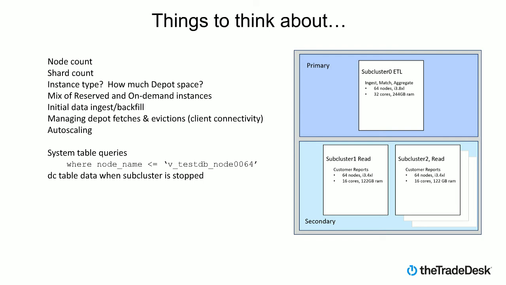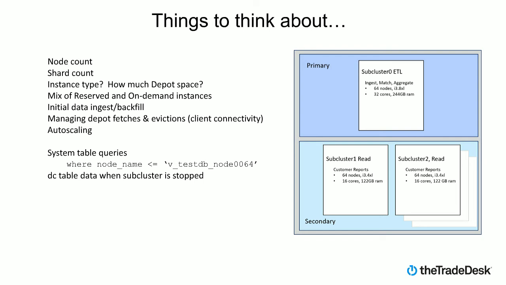So what we did is we exported all the data in our enterprise cluster into Parquet files and put those out on S3, and then we ingested them into our first Eon cluster. So it was kind of a pain. We scripted out a bunch of stuff, obviously, but it worked. And the good news is that once you do that, the second Eon cluster is just a bucket copy, and there are tools that can help with that.